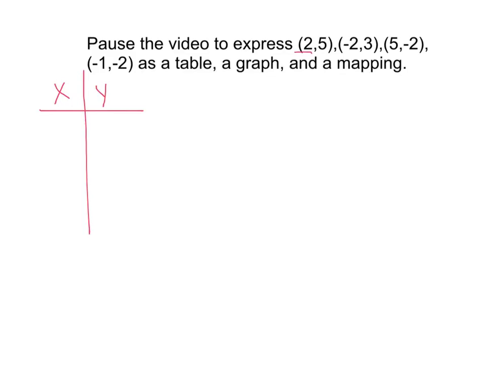So those are 2, -2, 5, and -1. And then our y values are 5, 3, -2, and another -2.